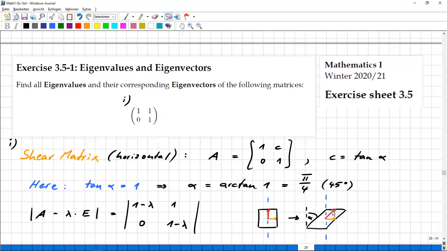If there were another, it would have to be linearly independent, and there's no way to find any vector except for these horizontal ones, which do not change direction. So it's quite clear we will have one eigenvalue, which is 1, because the vector remains unchanged, and exactly this horizontal direction as the eigenspace of this eigenvalue.